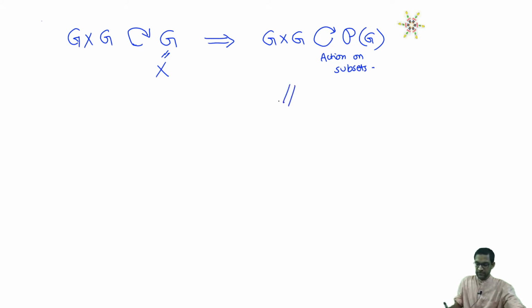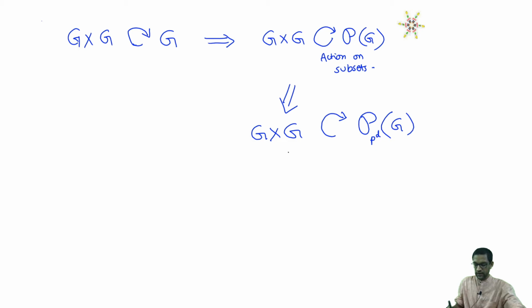Okay, and in fact we refined this a little bit. We said we don't need to look at the entire power set. In fact, it defines an action on subsets of any given cardinality. So I can look at P_k(G) for any cardinality k. But recall that the cardinality that was most relevant to our situation was this number p to the power d.